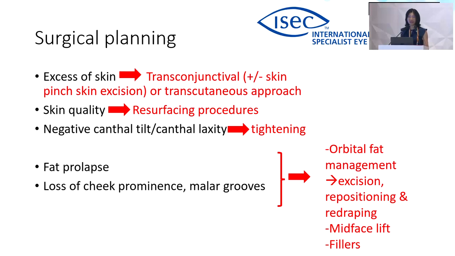And if there is a significant negative canthal tilt or canthal laxity, horizontal lid tightening procedures or canthal tightening can be considered. As for the presence of any fat prolapse, any loss of cheek prominence or malar grooves, this will guide us in managing the orbital fat, whether to aggressively or conservatively excise the fat, to reposition or to redrape, whether the midface lift will need to be considered, and whether any augmentation will need to be done further on with fillers.